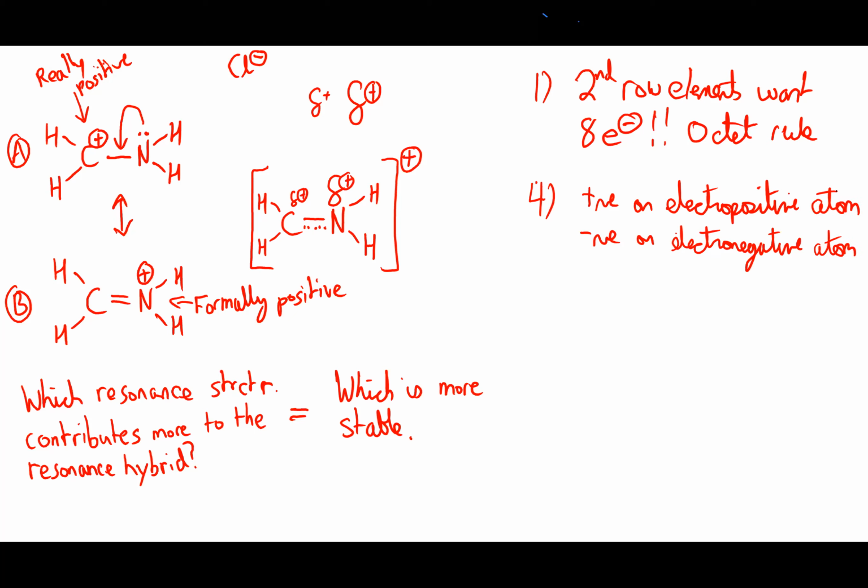We're going to get to rules number 2 and 3. We're going to get to them as we fill them in. We're going to come back and show that. But these are the order of importance. What I'm basically saying is your octet's your most important thing.